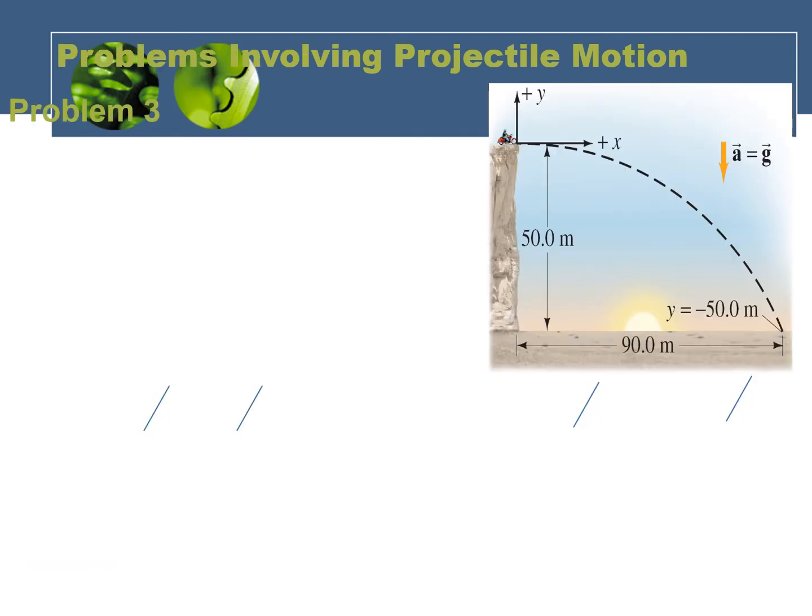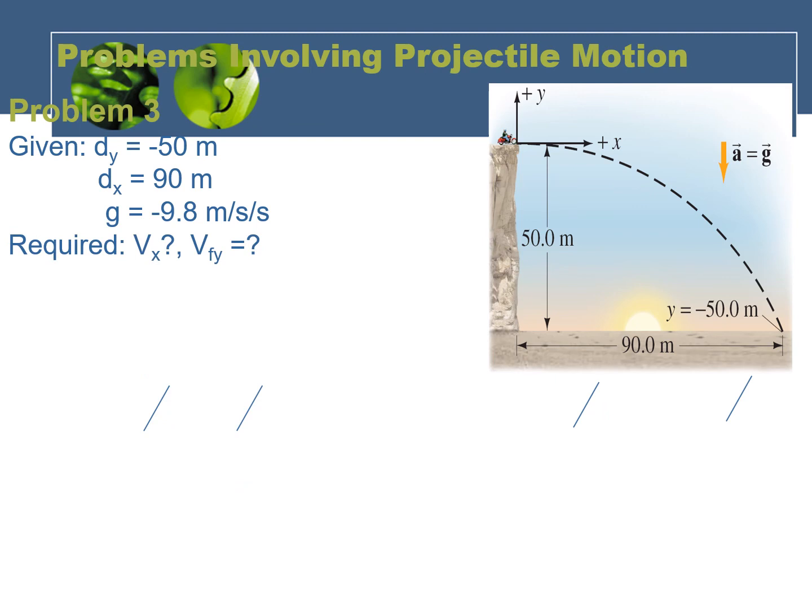To solve this problem, let us first identify the given quantities. dy, or vertical displacement, negative 50 meters. dx, or horizontal displacement or range, 90 meters. g, or acceleration due to gravity, negative 9.8 meters per second squared. For the required quantities, we have two: Vx, or horizontal velocity, and Vfy, or vertical final velocity.